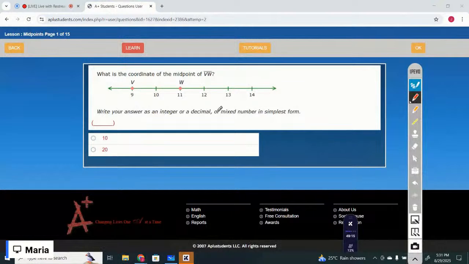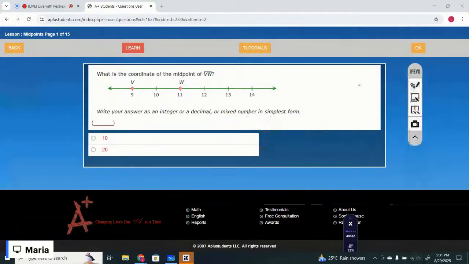So the coordinate of V is 9, W is 11. 11 plus 9 divided by 2 is 20 divided by 2 is 10. So the midpoint is 10. The correct option is 10. Option number 1 is the correct option.